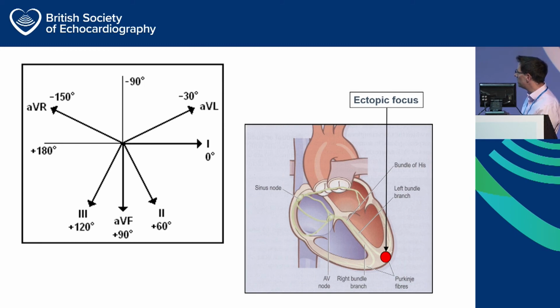So it's normally lead 2 which is positive, but if AVR is positive, that is not compatible with sinus rhythm or with a supraventricular rhythm, that has to be a rhythm originating within the ventricle. So that's one of the ways to find out if it's a ventricular tachycardia on an ECG.